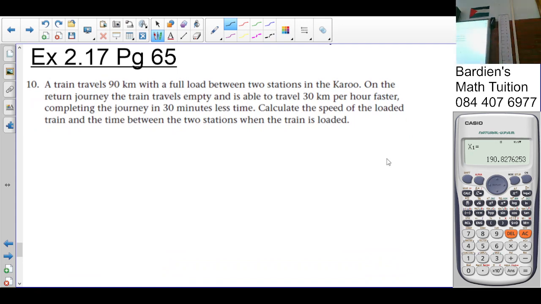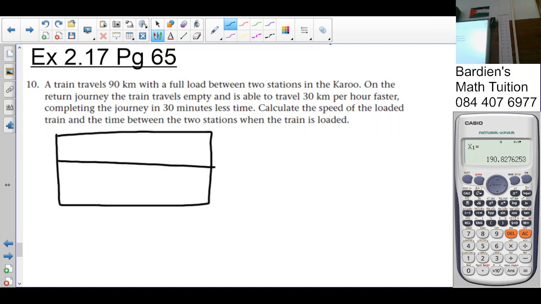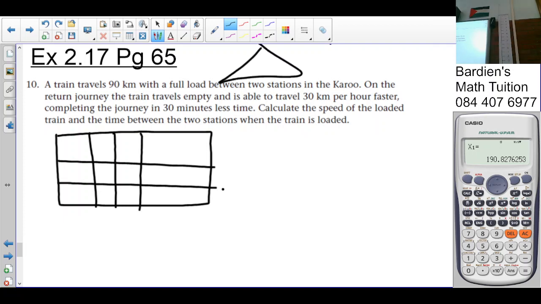So we are told that the train travels 90 kilometers. As you see, whenever I go speed, distance, time, I draw the following. And I remind myself of the formula, DST.